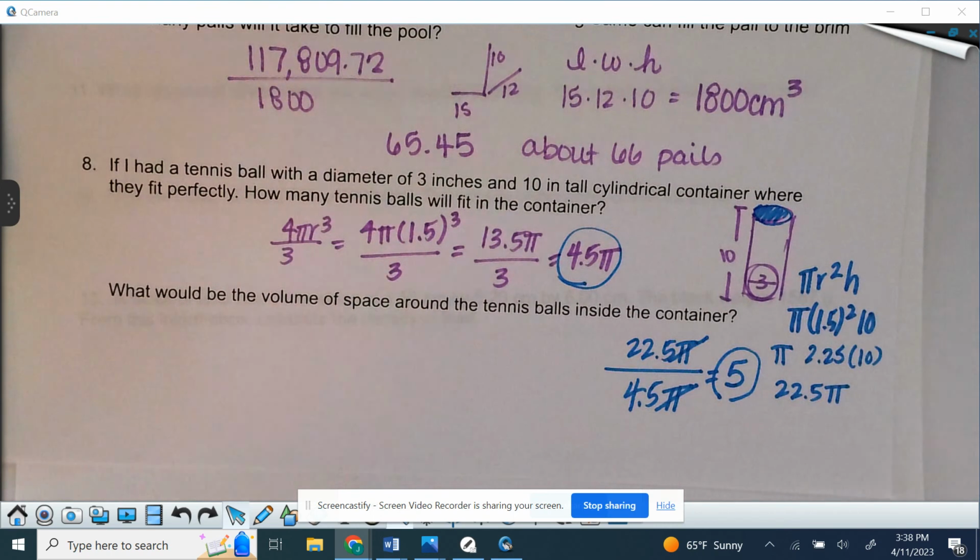Well, the volume of space around the tennis balls, it's a perfect fit. So I think it'd be 0. But ideally, you would take the tennis ball volume and subtract it from the volume of the cylinder. In this case, it's a perfect fit.